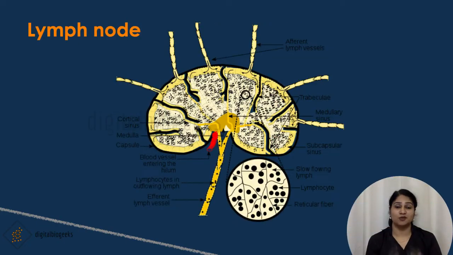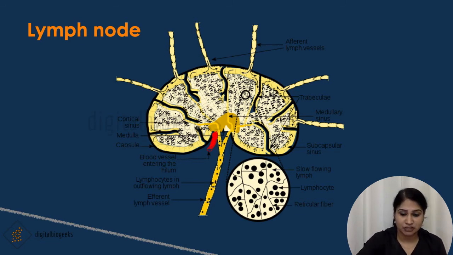Lymph nodes are small bean-shaped masses of lymphoid tissue enclosed in a capsule of connective tissue. Lymph nodes filter lymph and trap the antigens and foreign materials. These antigens are exposed to the cells of the immune system for destruction. Lymph nodes are present in the major junctions of lymphatic vessels.